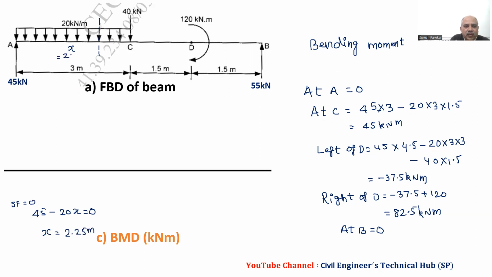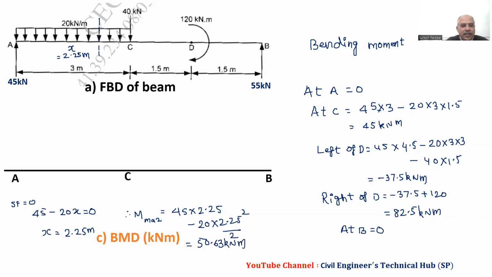Therefore we will get M max equal to 45 into 2.25 minus 20 into 2.25 square by 2, which is 50.63 kilonewton meter.